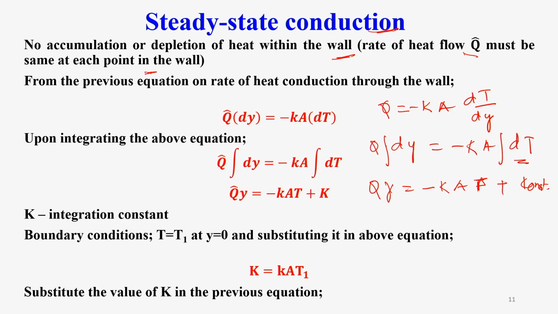Now, we can use the boundary condition: at y equal to 0, T is equal to T1. So, we will get the value of the constant as K A T1. You apply this boundary condition: because y is equal to 0, this term will be 0 and this becomes K A T1.